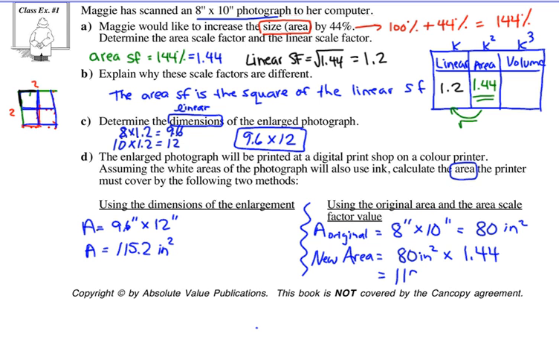There's just two methods we can use to get to it. One of them we used our linear measurements and linear scale factor. Here we used our area and area scale factor. And they result in the same answer in the end. And so when you're looking for new area, you can get your new area by taking the original area times the area scale factor.